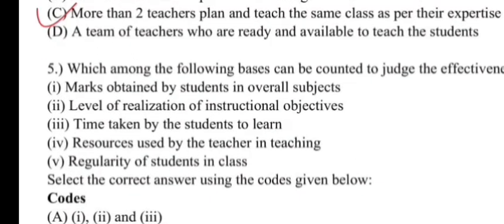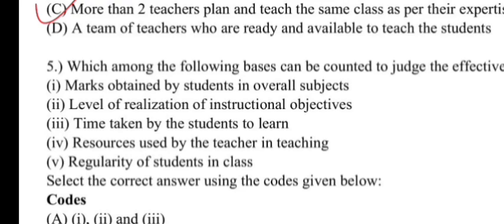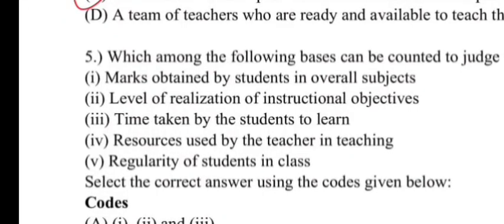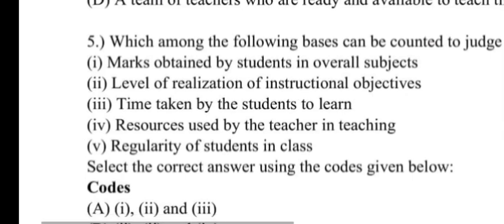Number 5 says which among the following bases can be counted to judge the effectiveness of teaching? These are the options for you: 1 2 3 4 5. Marks obtained by students in overall subjects, level of realization of instructional objectives, time taken by the students to learn, resources used by the teacher in teaching, regularity of students in class.